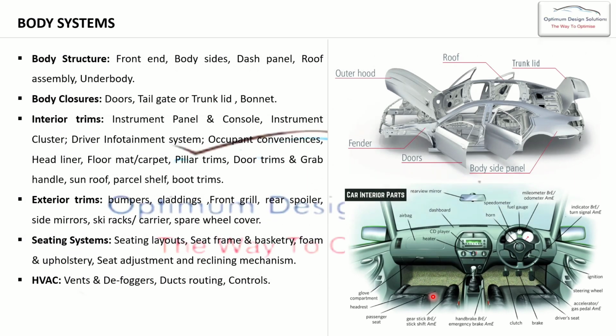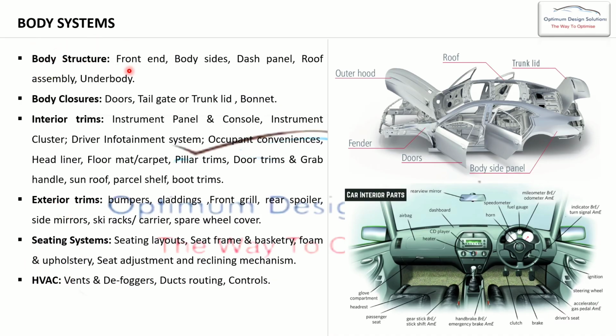This is the body system. The fully structural BIW has different kinds of systems or parts that get assembled. In this image we can see the roof, the side pillars, and all the body structure getting assembled. This system includes body structure, body closure, interior trim, exterior trim, seating system and HVAC.